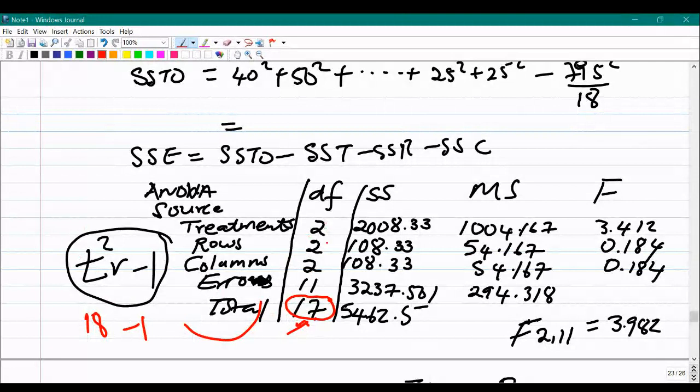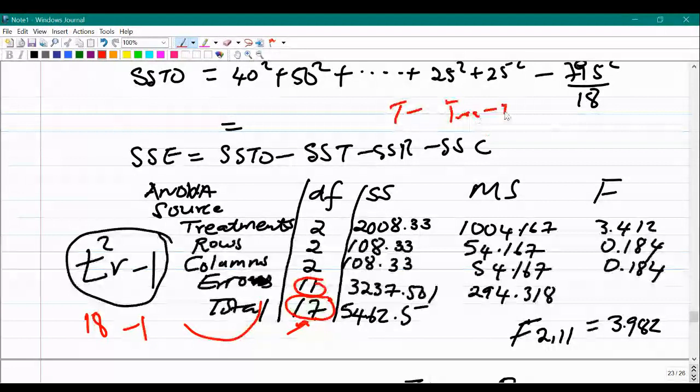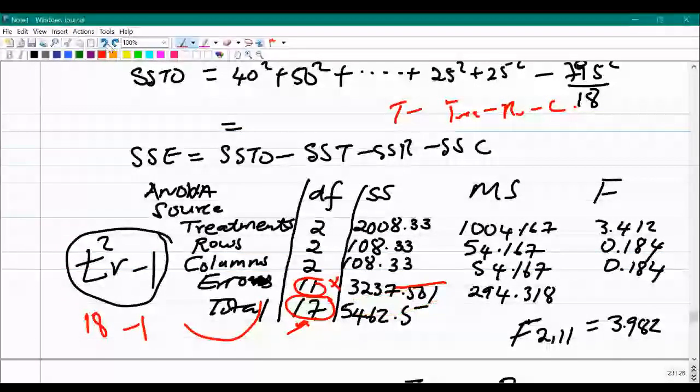Yes. Because to get the degrees of freedom of error is the substitution method, isn't it? It is total minus treatment minus row minus column. It means even this one can be correct. Sorry, now it's as if I'm canceling everything. So let's do it like this.